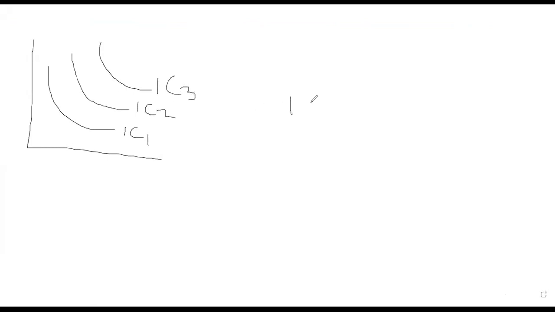So indifference curve 3 is higher than indifference curve 2, which is higher than indifference curve 1. So the human being has a rational behavior. As much as possible, you want to go up as much as possible.